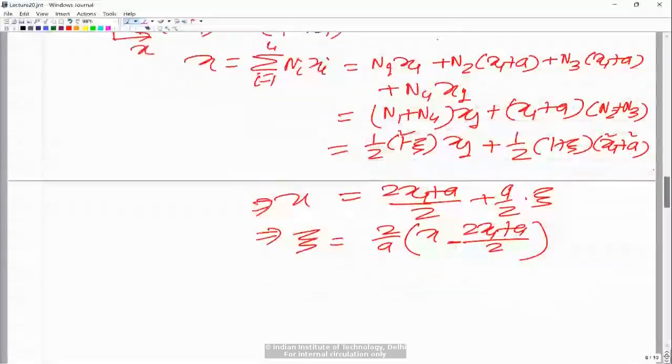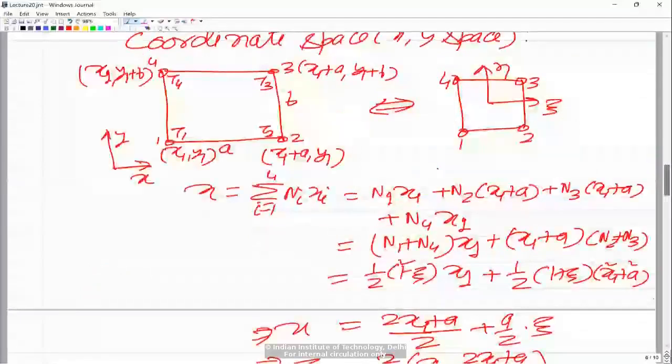Similarly, if you look at y for this rectangular element, this is not for any element. This is only for when the element in the physical coordinate space is a rectangle with the dimensions a and b, and these are the coordinates.